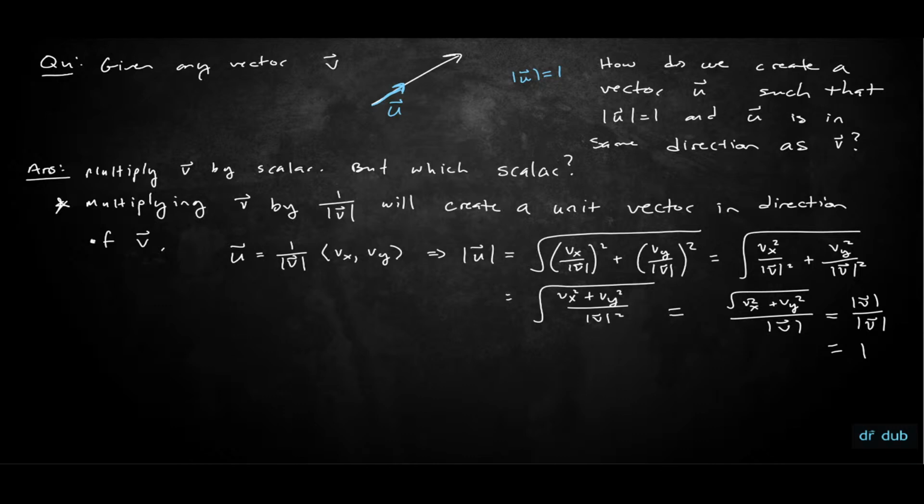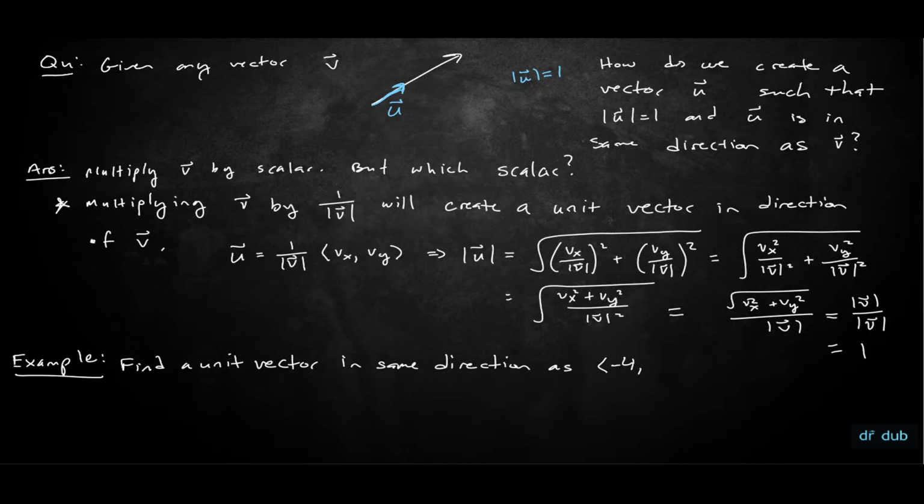So for example, find a unit vector in the same direction as the vector -4, 2, 4.